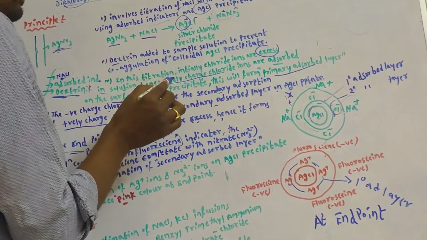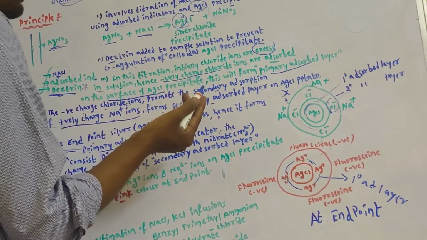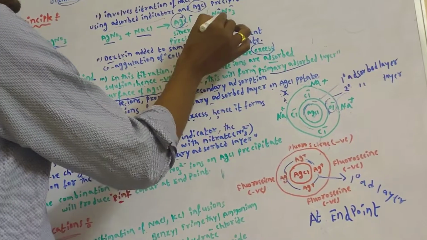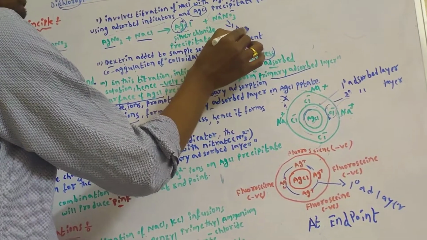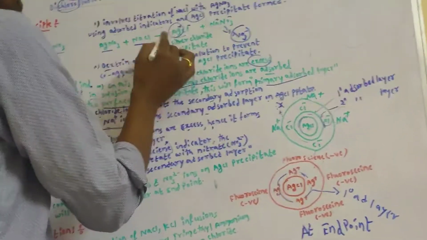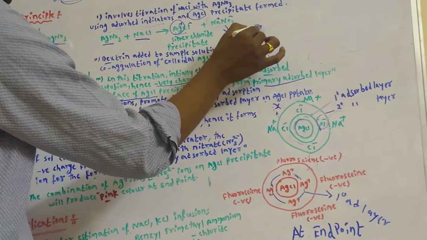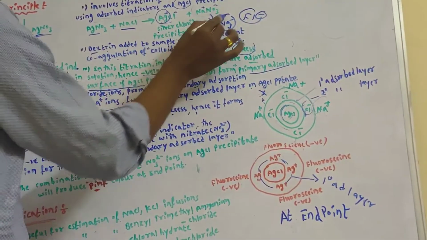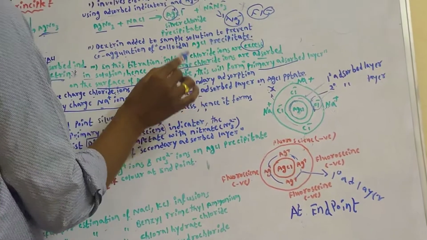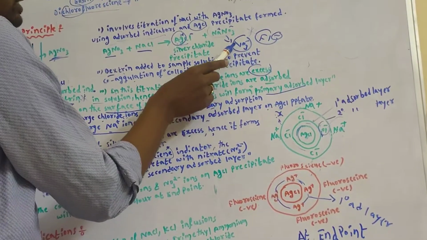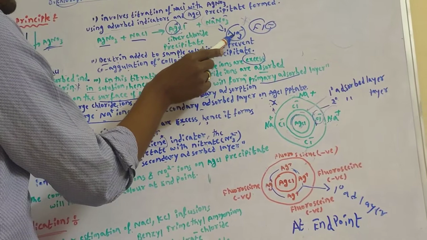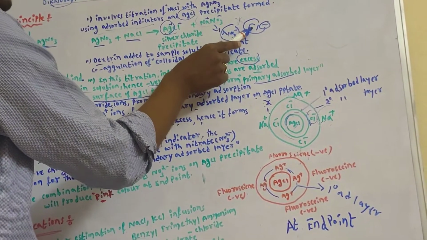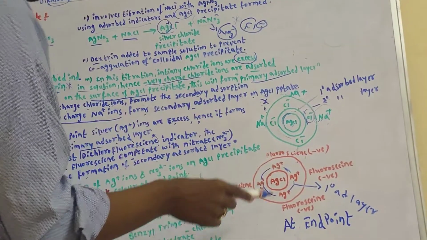For the secondary adsorption, the negatively charged ions are NO3- as well as the negatively charged indicator. What is the indicator? The fluorescent indicator, which also has negative charge. There is a competition between these two for the formation of secondary adsorption on the AgCl precipitate, between nitrate ions and fluorescein. These two have negative charge.